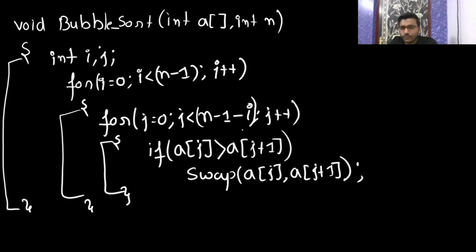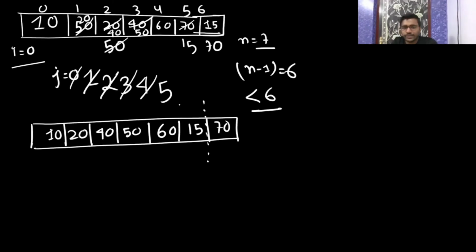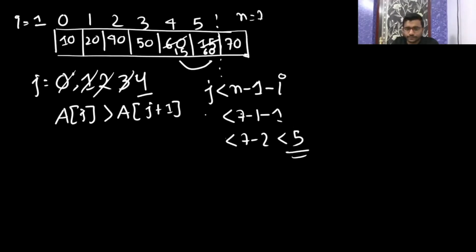Here always this loop is running till n times. Okay, and always here this loop is going to run at least n times. If you see this, in worst case, every time this is going to run.